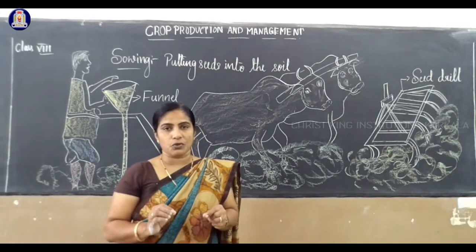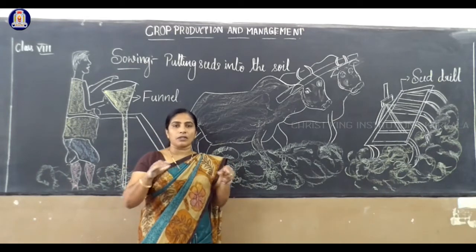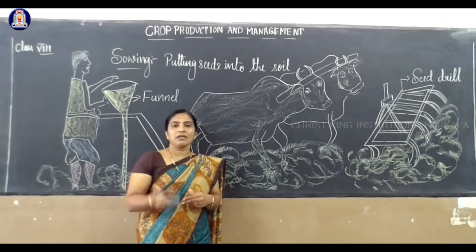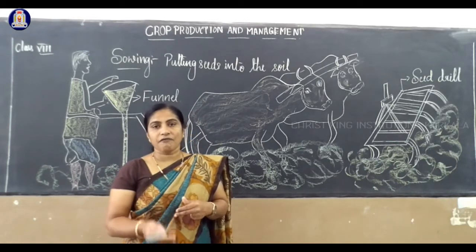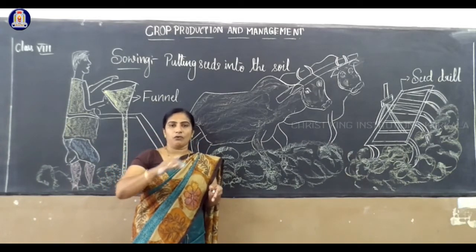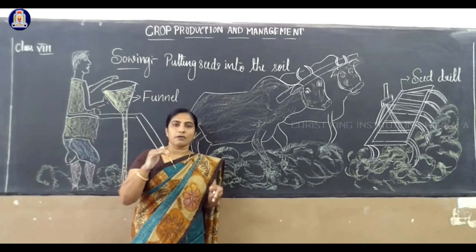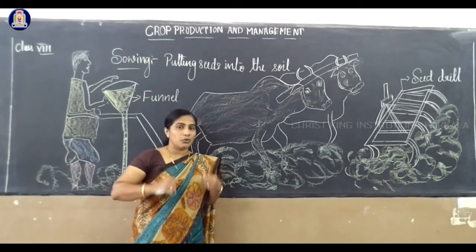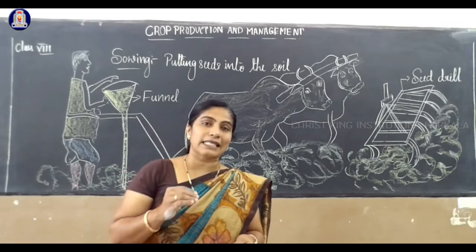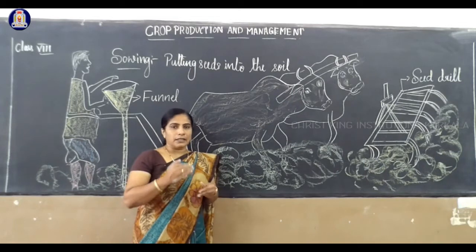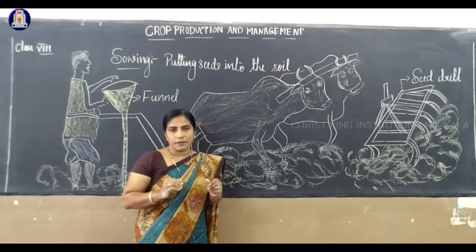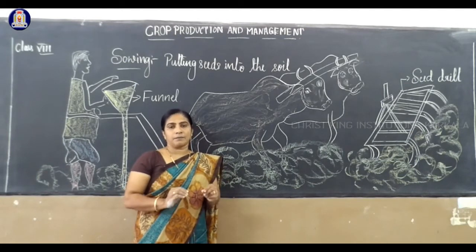What can you observe? Some seeds will float on the top of the water. Some will sink; they will settle at the bottom. What is the inference? Ask yourself: why do some seeds float on the surface of the water, and why do a few seeds settle at the bottom or sink? The reason is that the seeds which float on the surface of the water are damaged seeds.